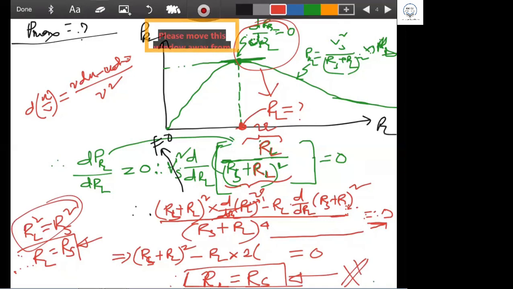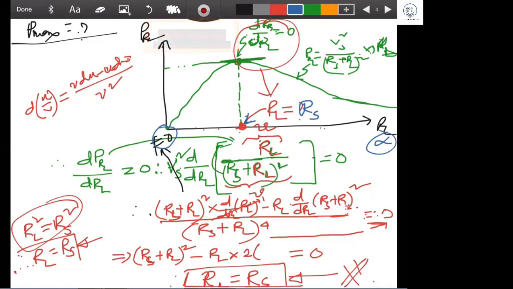So when RL is equal to RS, that means at this point, because RL is 0 here, RL is infinity here, RL is, as I told you, 10, 100, 200, 3,000, 10,000, different values.